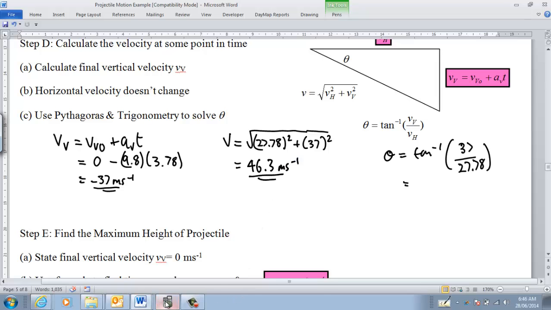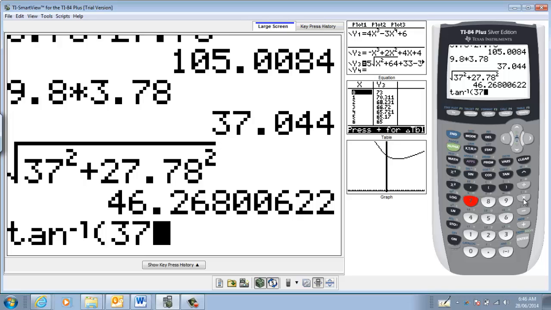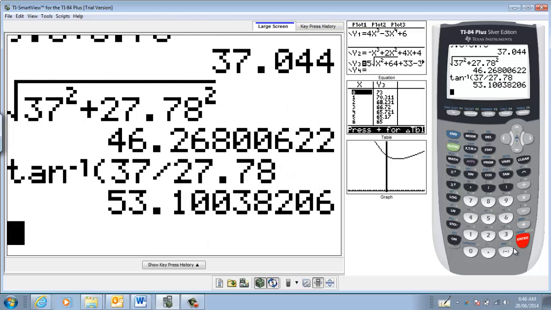And then to work out our angle, inverse tan of 37 divided by 27.78, and that's an answer of 53 degrees.